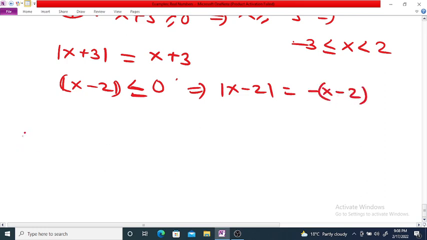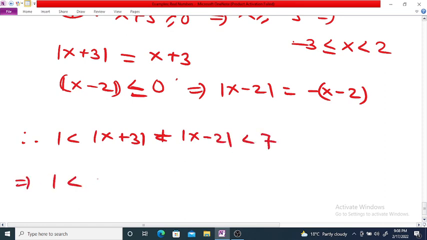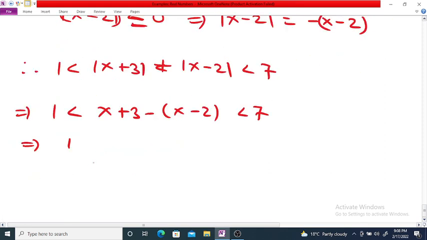Therefore 1 < mod of x plus 3 plus mod of x minus 2 < 7 becomes 1 < x plus 3 minus x minus 2 < 7. So here x gets cancelled, and 3 minus 2 is... that is 5, so 1 < 5 < 7.